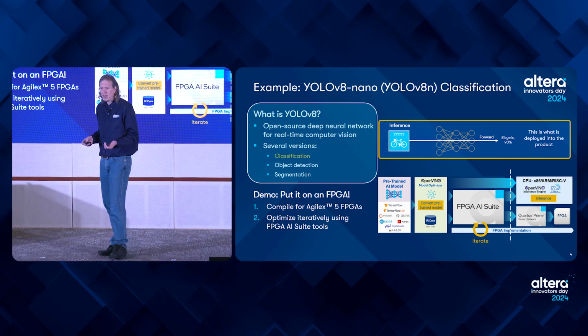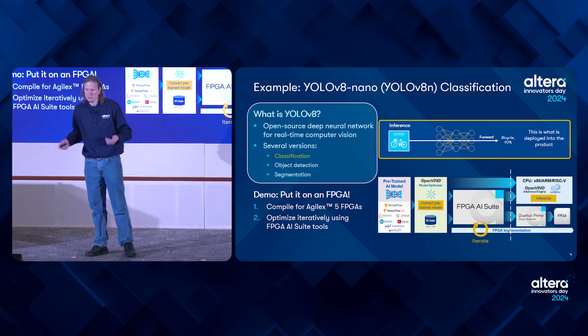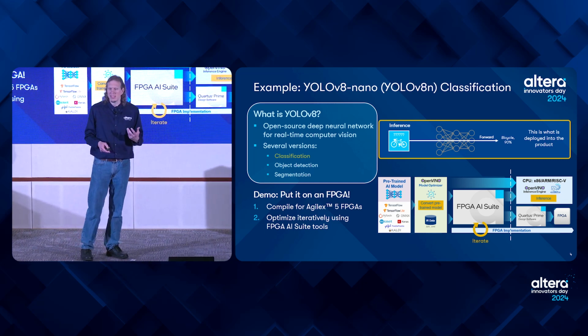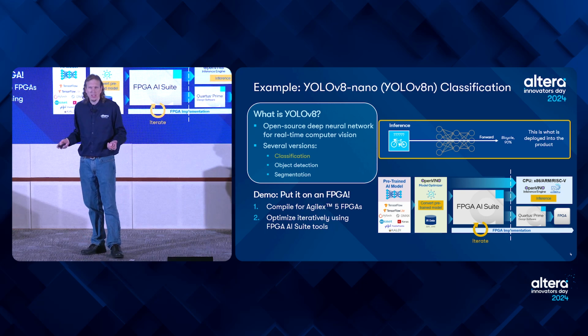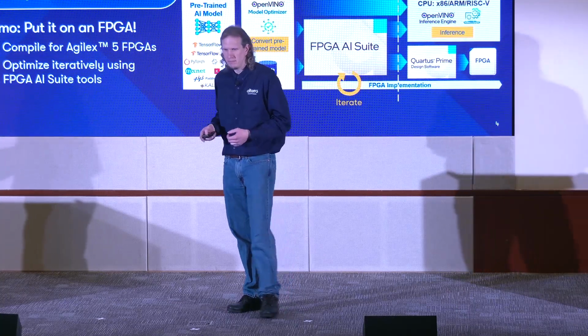It comes in 5 size variants: nano, small, medium, large, and extra large. For our problem today, I'm going to assume that we need the YOLO V8 Nano classification model. This is a classification model, which means that it looks at an image and it says dog or cat.